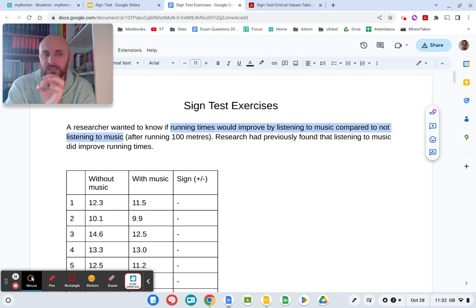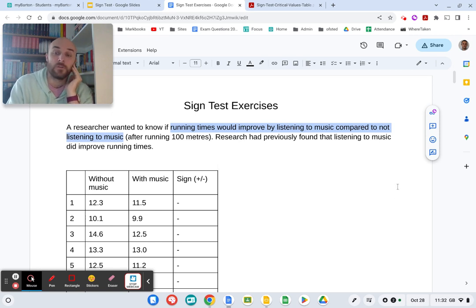We are 95% sure that the IV, music or not listening to music, did actually impact running times. We're still 5% sure that these findings are a freak, an accident, nothing to do with the IV whatsoever. But we're 95% sure that the IV did actually impact the DV in this case.